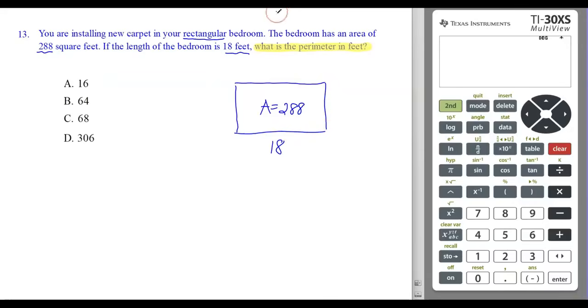Now, the question is, what is the perimeter? Perimeter is when you sum up the lengths of all the sides. And I'm missing some side lengths here. I do know that this is 18 feet, so this has to be 18 feet, because it's a rectangle, so the opposite sides are the same length. Now I need to find the width here. Once I find this width, I can sum up the sides.